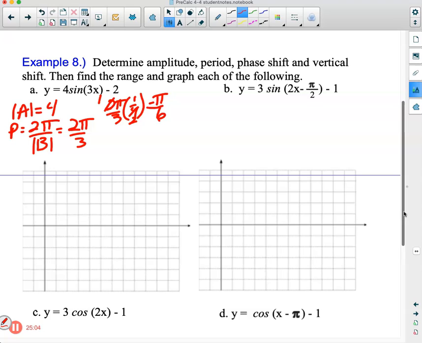And this one has a vertical shift. We better put, since it said phase shift, no phase shift. Not going to have one. There's nothing behind the x that's in the parentheses. But we do have a vertical shift of 2 down.